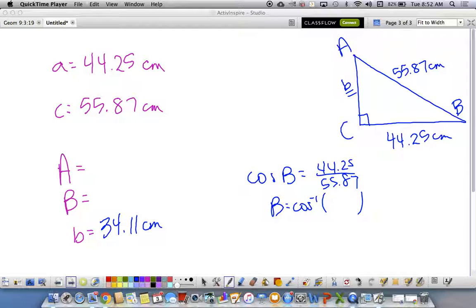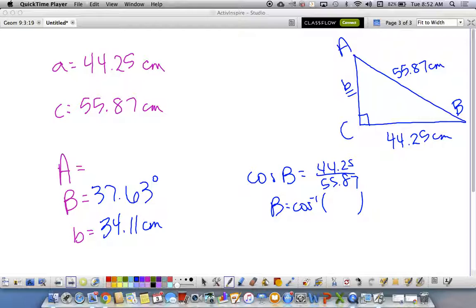So I'm just listening to what Alex is saying. 37.6 what? You need a degree symbol. Yes, you do. Then how do you find the other missing angle?